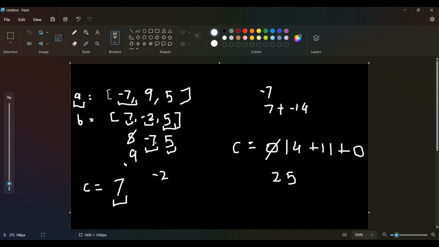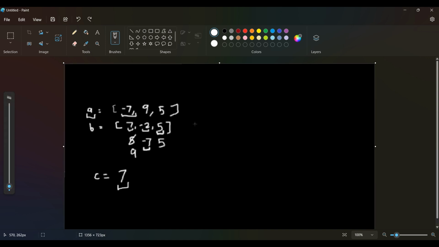If you observe carefully, what we have to do is rearrange the elements in array A and in array B such that at each position the elements in both arrays are closest to each other, right?